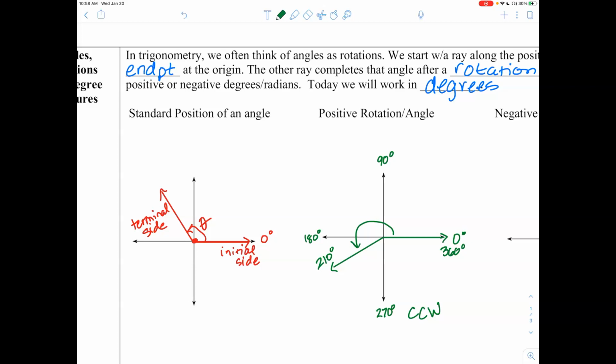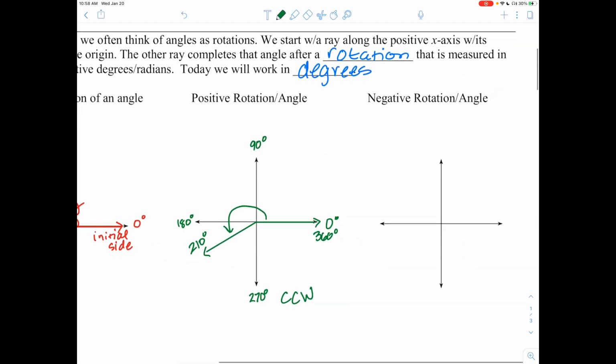But what makes it a positive rotation or a positive angle is that I went from 0 degrees and I rotated up. Okay? A negative rotation or a negative angle in standard position would look like this. So this is 0 degrees. This would be negative 90 degrees, negative 180 degrees, negative 270 degrees, negative 360 degrees. So you can see what's happening here is you're just rotating down.